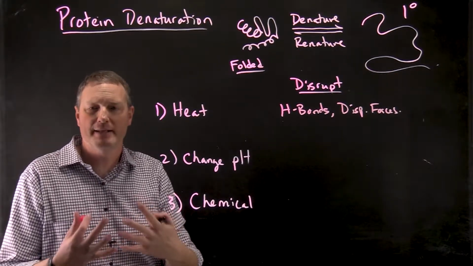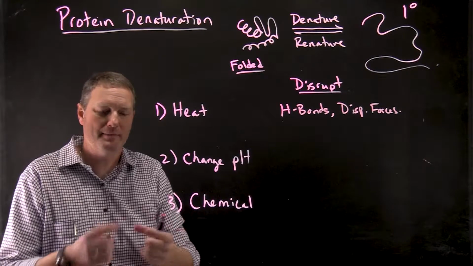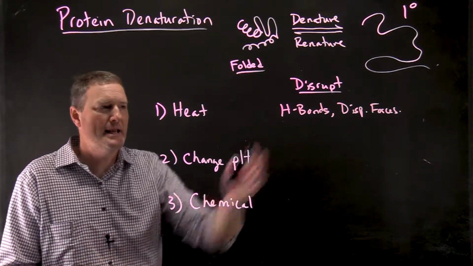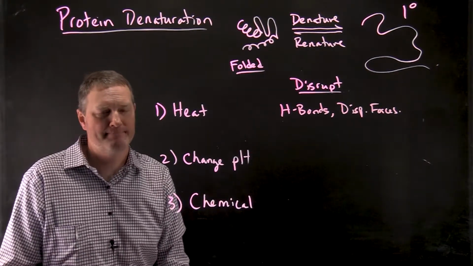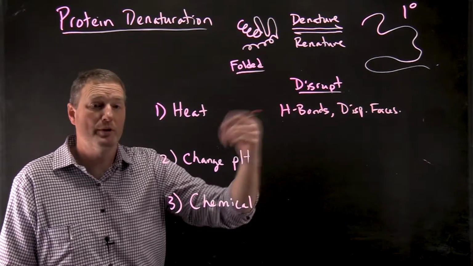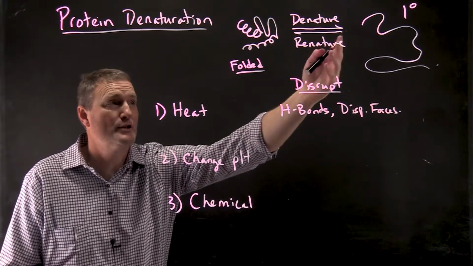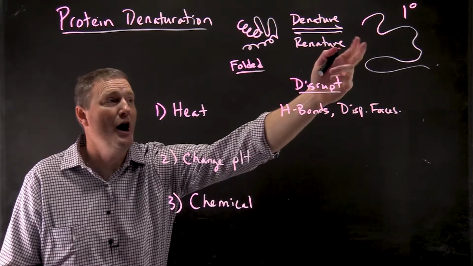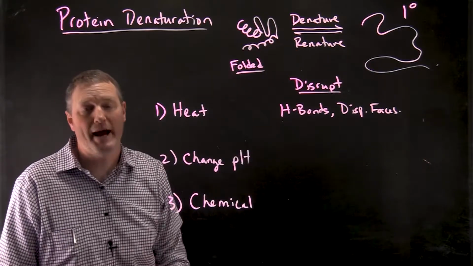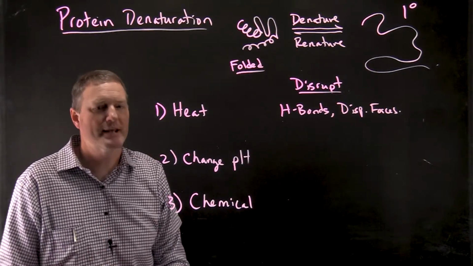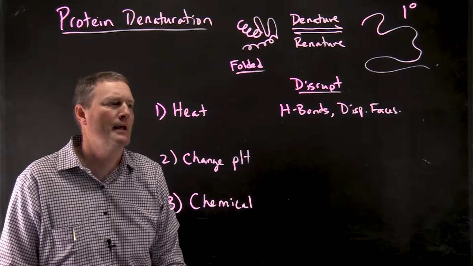Heating essentially makes the atoms of the polypeptide start to vibrate much more quickly and will break apart hydrogen bonds. Now, often with a protein, after you've heated it, if you simply remove the heat, oftentimes proteins will fold back correctly. That's not always the case, but in some cases it is.